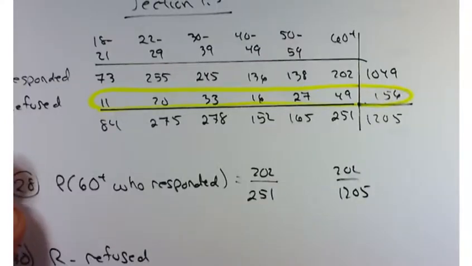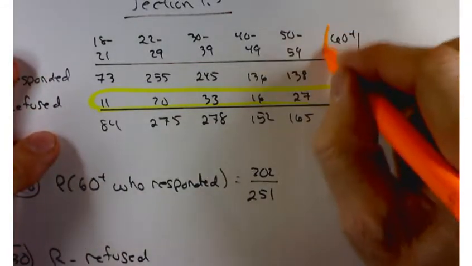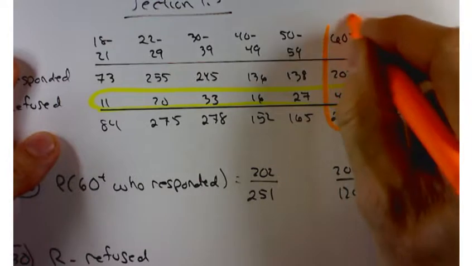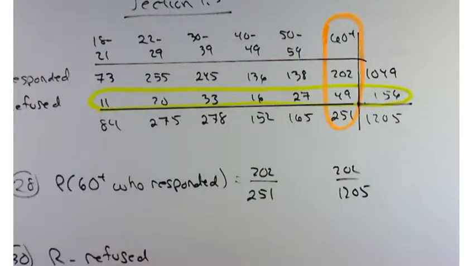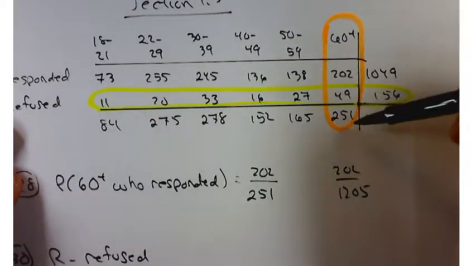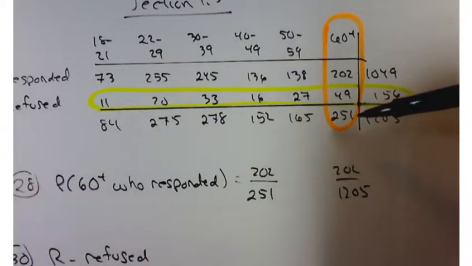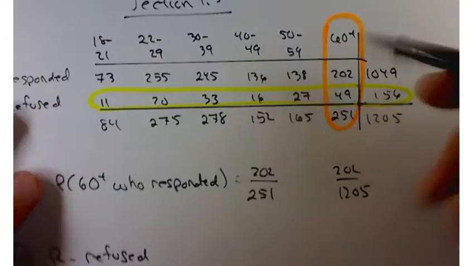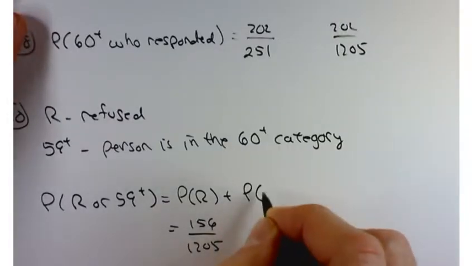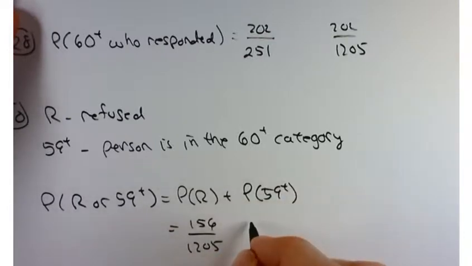Let's calculate the probability that somebody's in the 60 plus category. In the 60 plus category, we had all these people. So there were 251 people in the 60 plus category. So probability of 59 plus would be 251 people out of 1205.